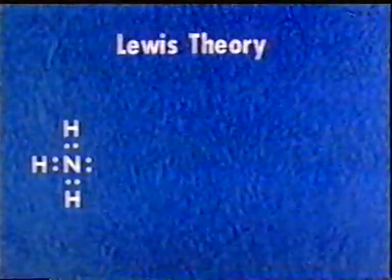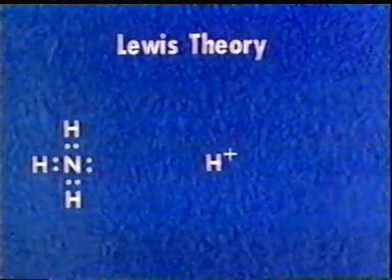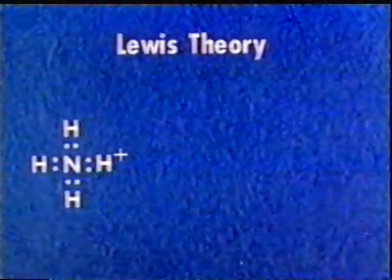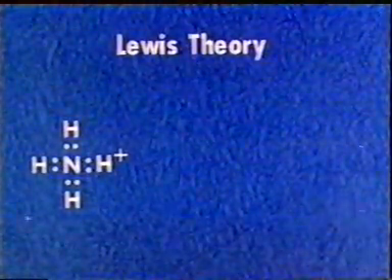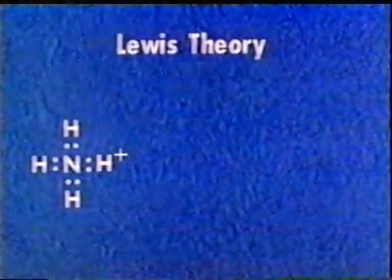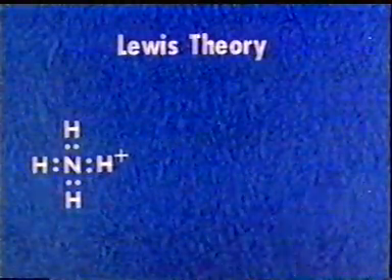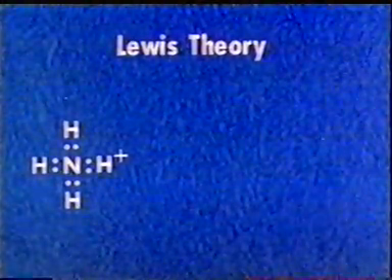The electronic structure of ammonia gas shows an unshared pair of electrons. In 1923, physical evidence led an American chemist, Gilbert N. Lewis, to believe that a proton from an acid readily becomes attached to this unshared pair of electrons in some other molecule. An acid, then, becomes a substance which accepts an unshared pair of electrons.